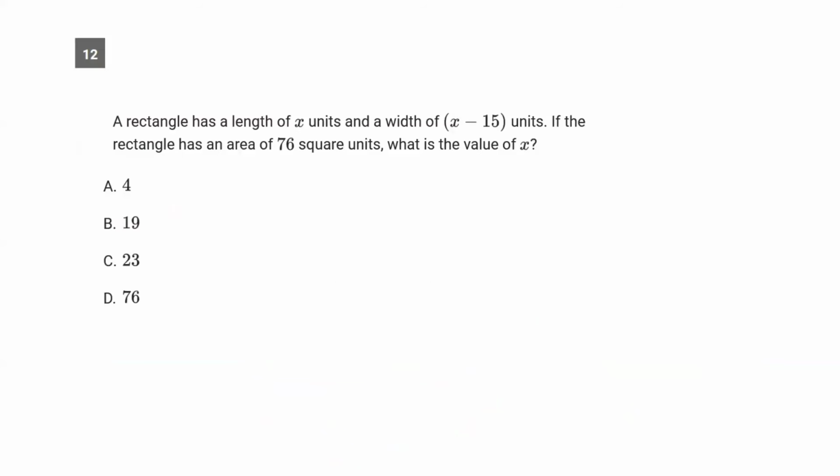12. A rectangle has a length of x units and a width of x minus 15 units. If the rectangle has an area of 76 square units, what is the value of x? Okay, great. So you're going to do here, remember, area of a rectangle is length times width.